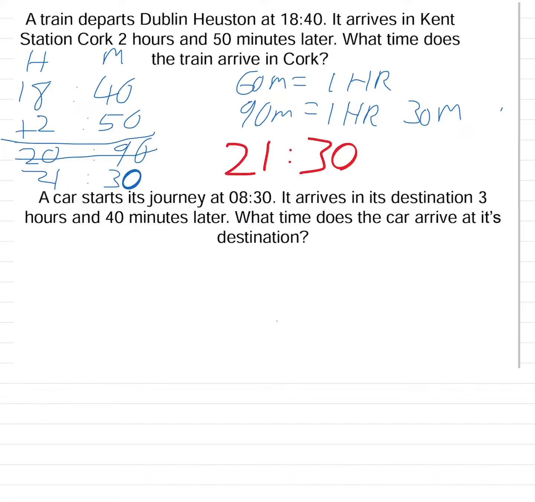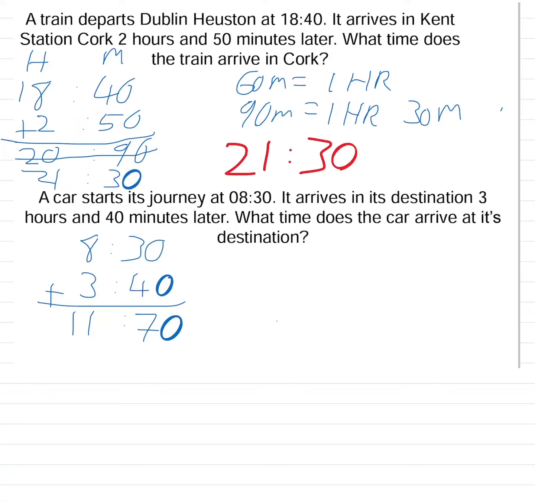Next one now. A car starts its journey at 8:30. It arrives at its destination 3 hours and 40 minutes later. What time does the car arrive at its destination? So we have 8:30, and then we have 3 hours 40 minutes. So let's add. So 30 and 40 is 70. 8 and 3 is 11.